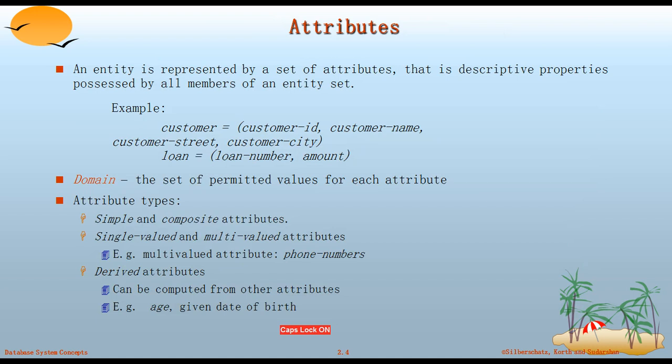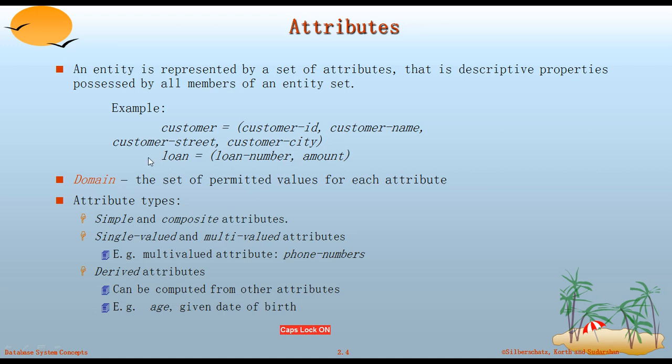Attributes. What is meant by attributes? An entity is represented by a set of attributes, that is, descriptive properties possessed by all members of an entity set. For example, customer is an entity and its attributes are customer ID, customer name, customer street, customer city.